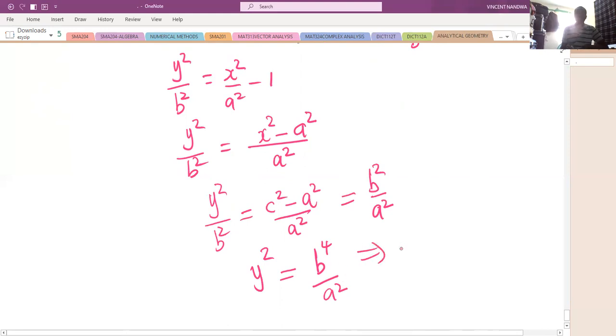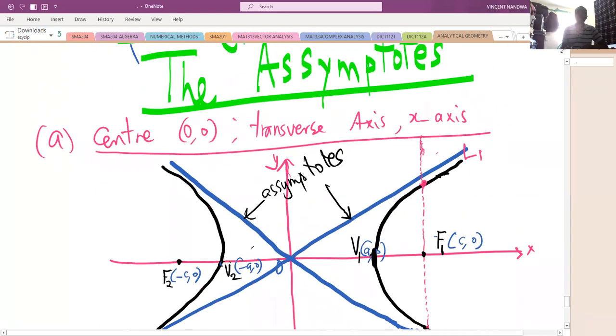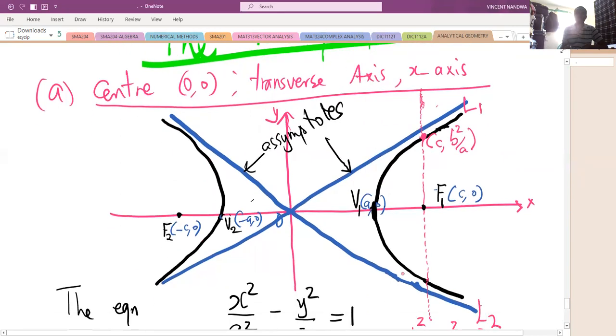So y alone will be plus or minus b squared over a. So on this curve, the coordinates will be (c, b squared over a), and at the lower point on the curve (c, minus b squared over a).